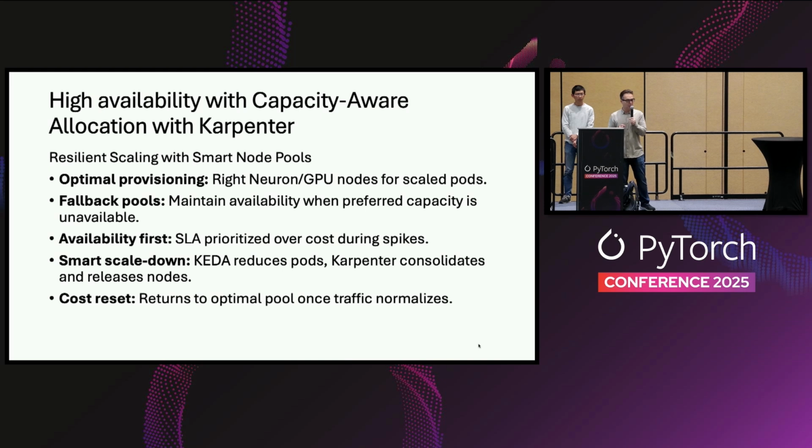Now, the interesting point here is that in the declaration of the Karpenter node pool, you can inject logic like multiple pools, fallback priorities, smart scale down, and cost efficiency. And we're going to see that in a second.